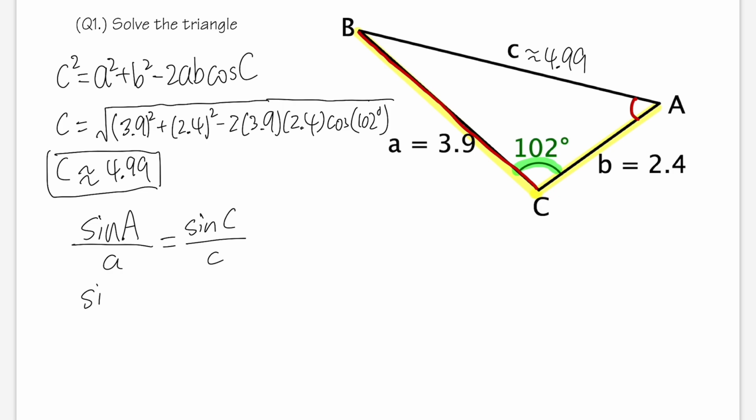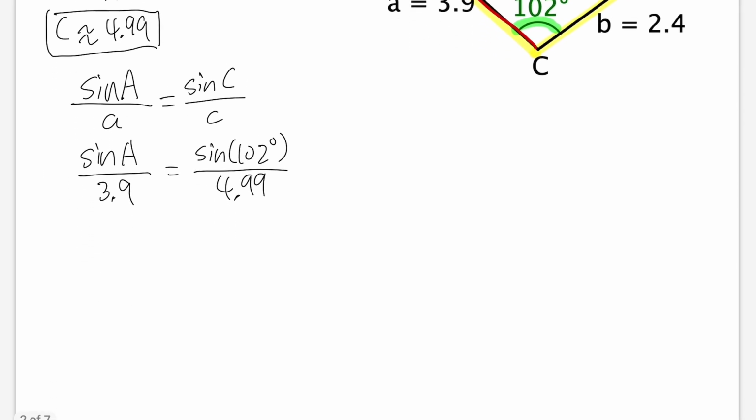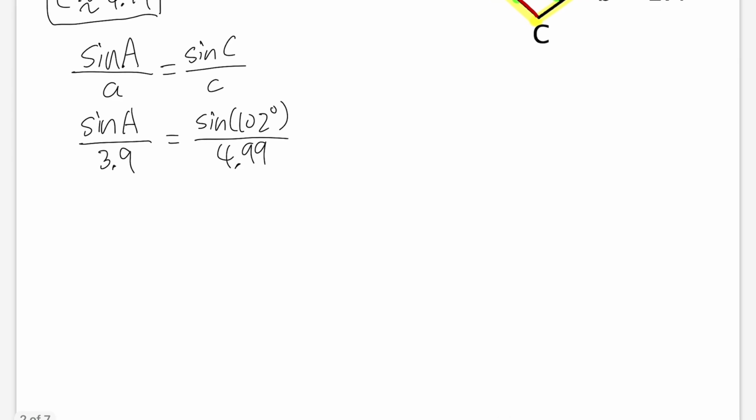And then just throwing in all the numbers. Sine A, we don't know. Little a is 3.9. Sine C, sine of 102 degrees over little c, which is 4.99. And then we can just multiply 3.9 on both sides and also take the inverse sine.